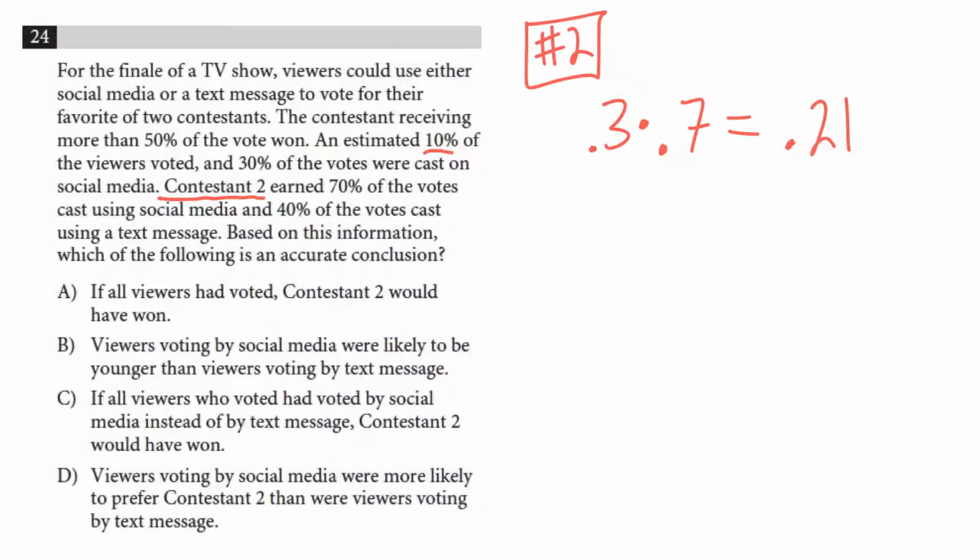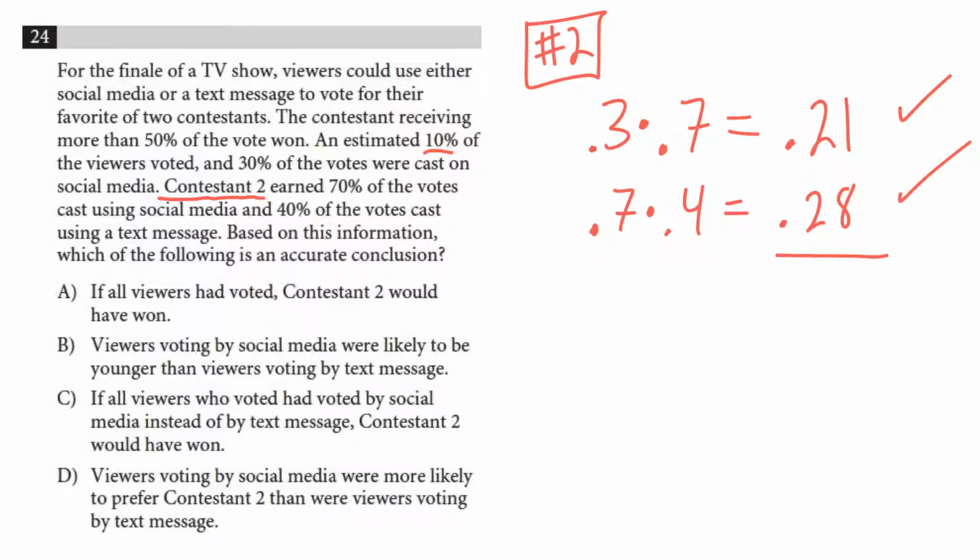All right, and if you can only vote in one of two ways, if 30% voted on social media, then 70% must have voted on text message. And it says that they got 40% of the votes on text message, so that's going to be 0.28, or 28%. 21% and 28% of the votes total.